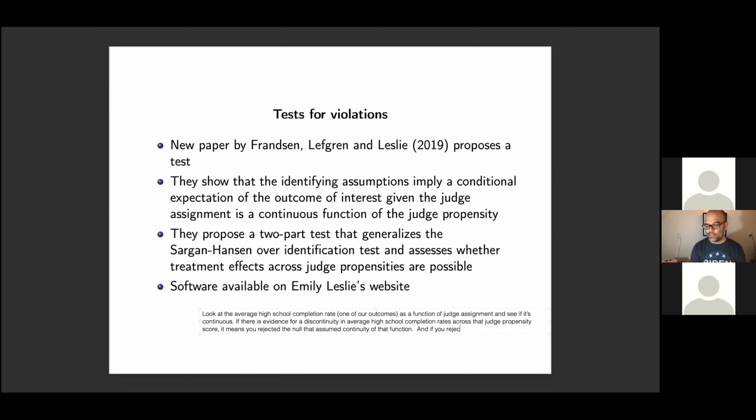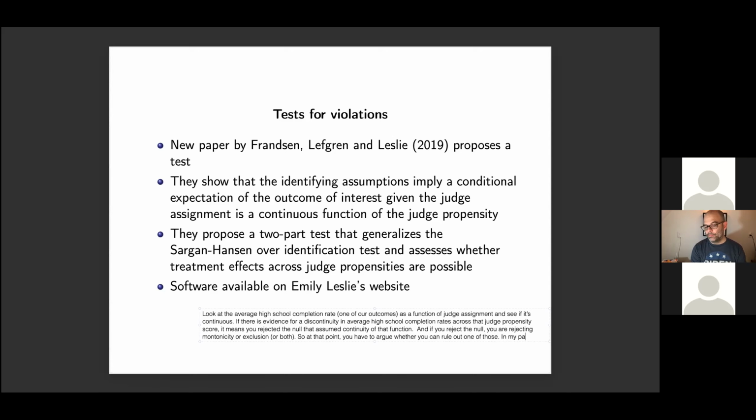And if you reject the null, you are rejecting monotonicity or exclusion, or both. So at that point, you have to argue whether you can rule out one of those.